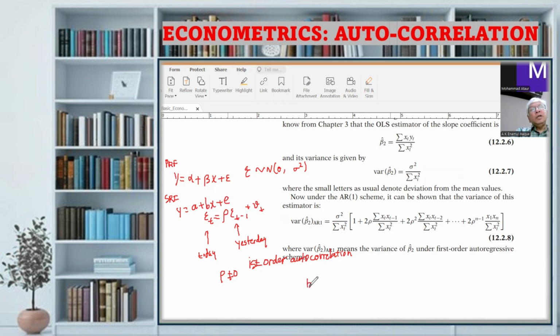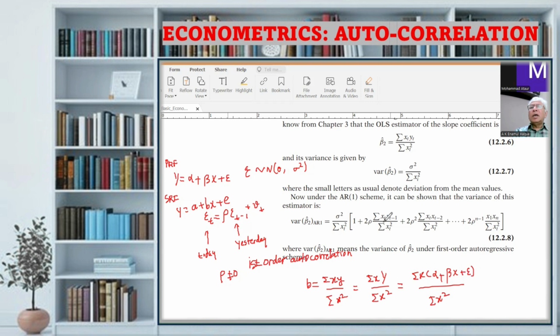So b by definition is the summation of small x small y divided by the summation of small x squared, which is equivalent to the summation of small x big Y divided by the summation of small x squared, which is equivalent to the summation of small x times alpha plus beta big X plus epsilon, divided by the summation of small x squared.